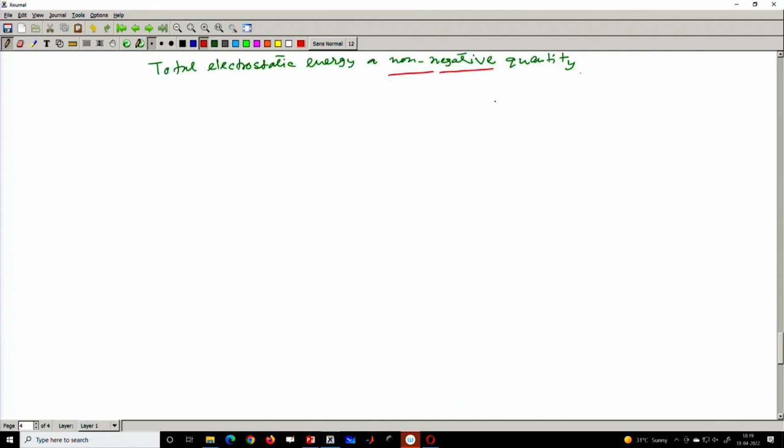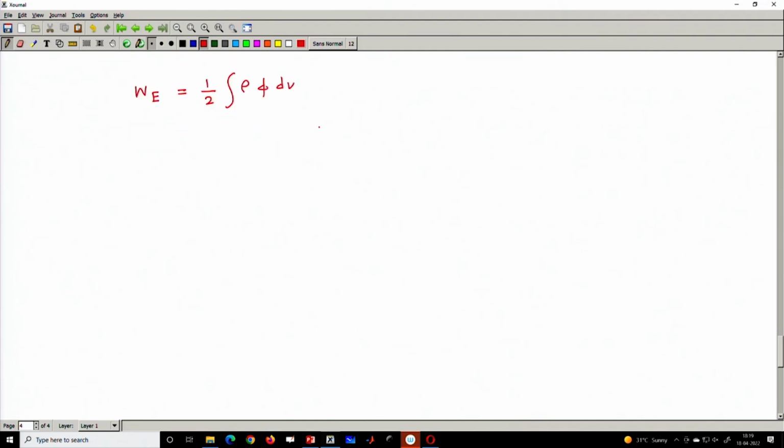So, as per our definition, this is half of the integral of rho phi dV. Now, we are going to show it another way.